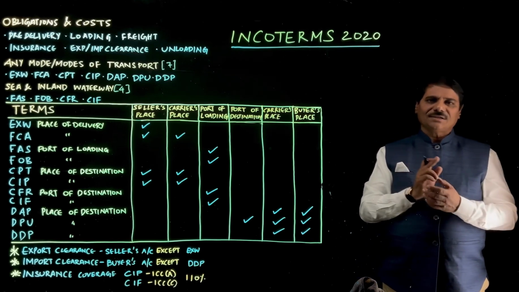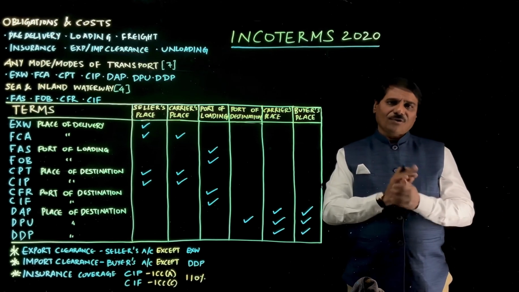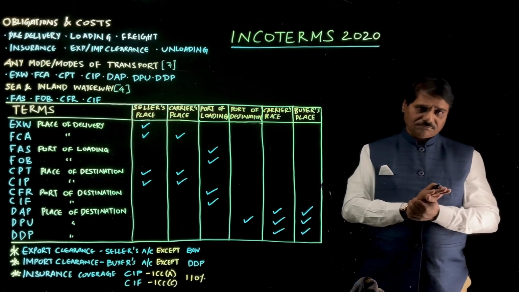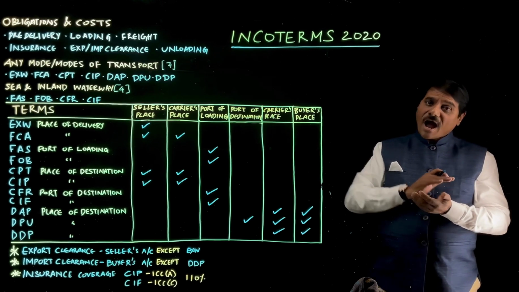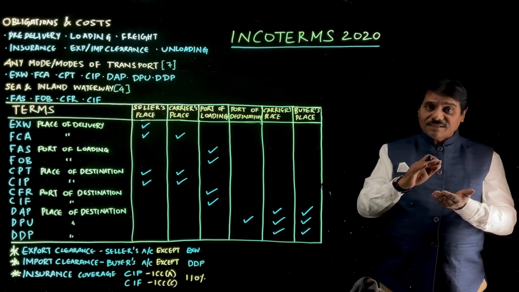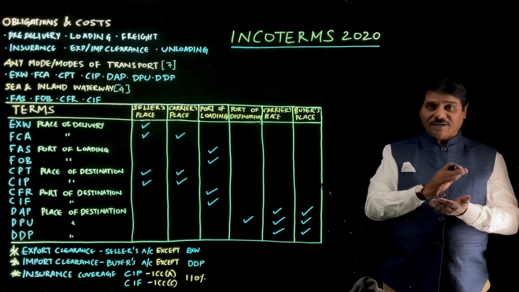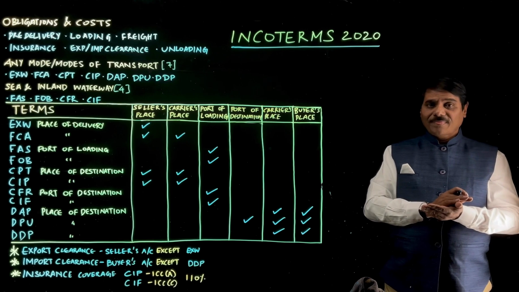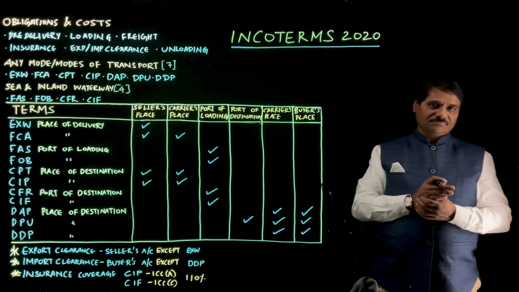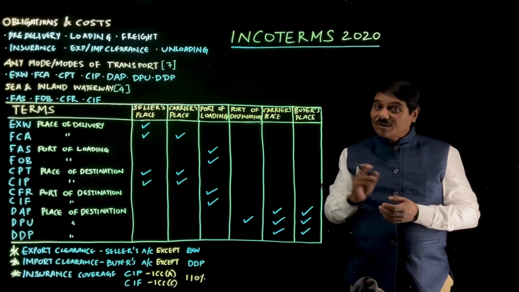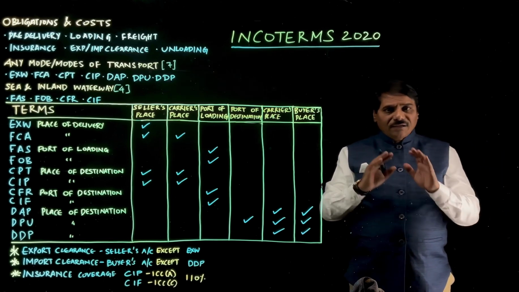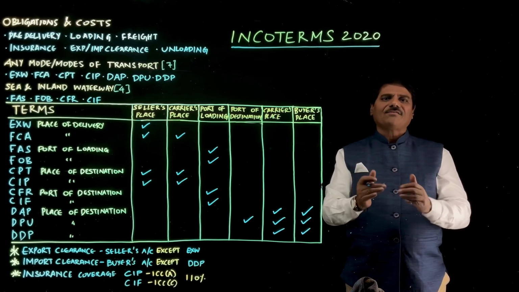Why? Because always you have to keep in mind, high value goods will go in a container. So that is the reason we said, in case of containerized shipments, CPT or CIP are appropriate terms, not CFR and CIF. Containerized goods are usually of higher value.